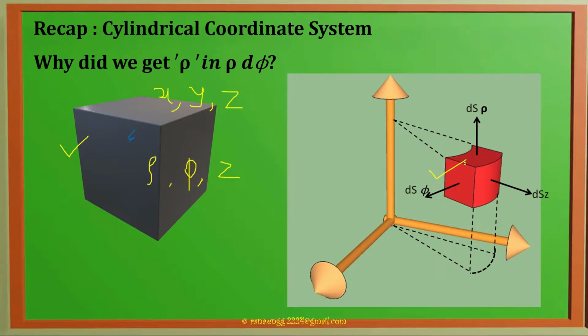Now, if we consider spherical coordinate system, a shape like an earth, then we will get two curved shapes. So our equation for the differential surfaces and lengths will be quite changed. So let us see how it changes.